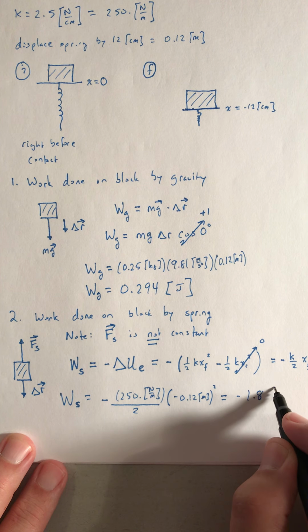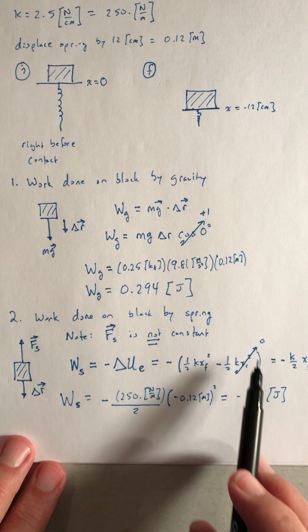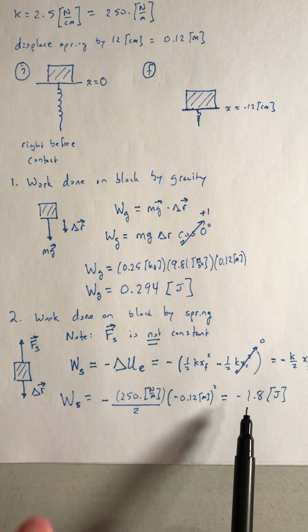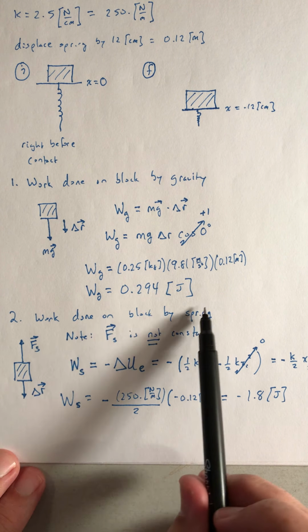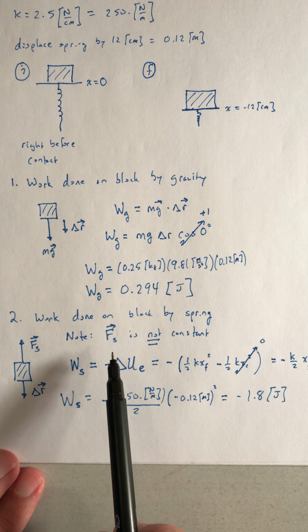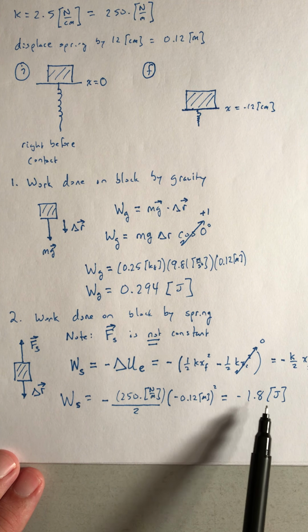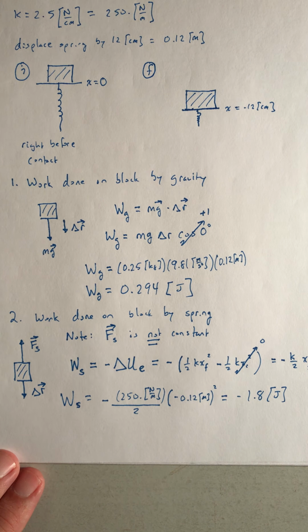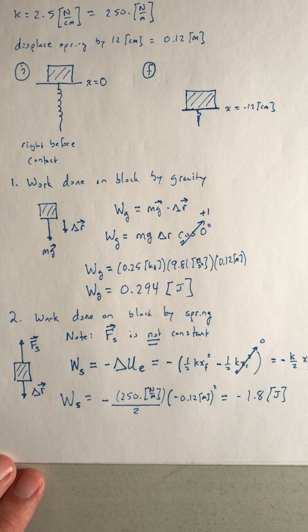Minus 1.8 joules. So looking at our energy budget for this problem, the force of gravity is going to slightly speed up the block as it falls 12 centimeters, and then the spring is doing a much larger amount of work to slow down the block, hence the minus sign. It's reducing the kinetic energy of the block.